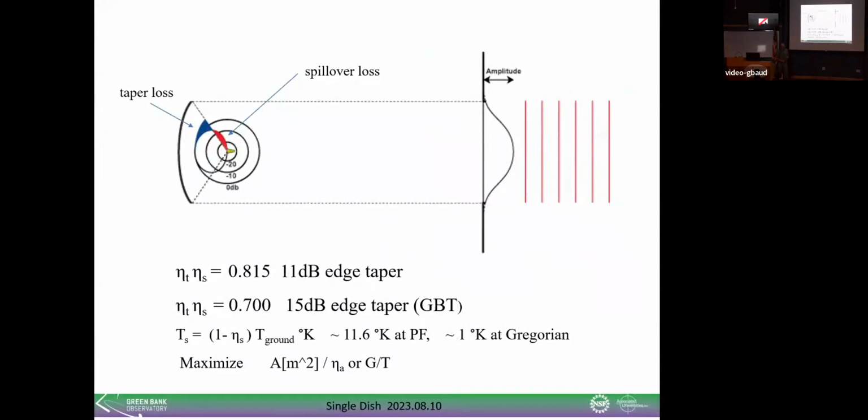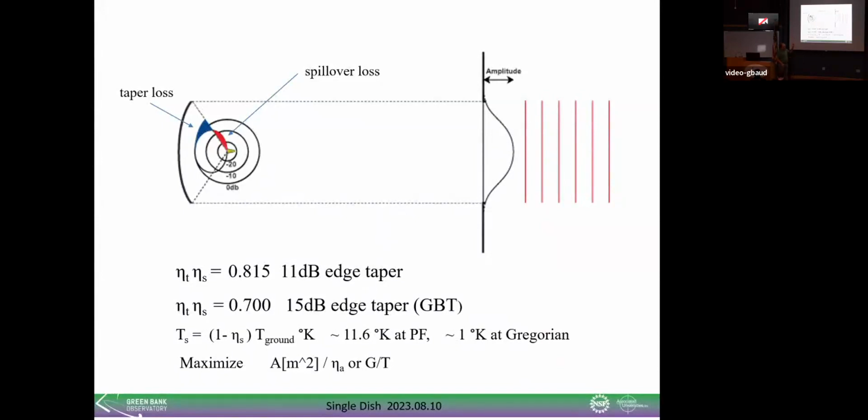It helps to understand these things by using the principle of reciprocity, by thinking of a feed in terms of a transmitter. In electromagnetic analysis, the feed acts the same receiving the signal as it does transmitting. So we flip back and forth between those concepts to help you understand it.